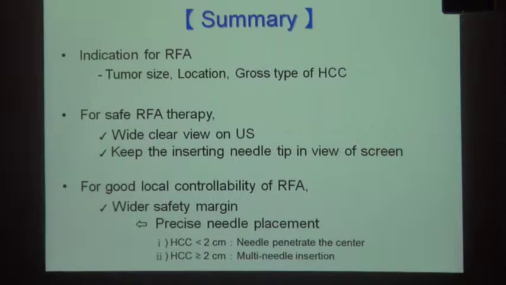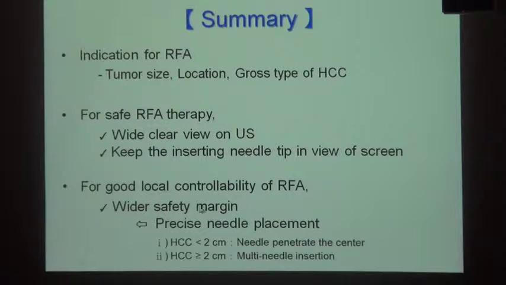Whenever I instruct our young doctors on how to do RFA, I tell them to show a wide clear view on US and keep the inserting needle tip in view of the screen for safe RFA therapy. And for good local controllability of RFA, you need a wider safety margin.